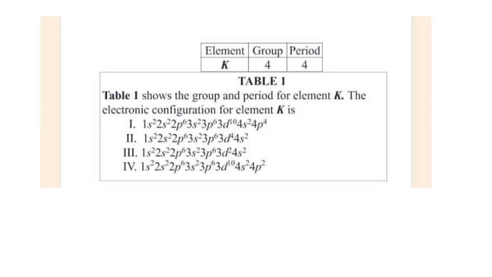Okay, question number 9. Group 4, so we know that this element is a d block element. So when we look at the answer, option 1 will be out. Option 4 also will be out because both option 1 and 4 are referring to p block elements, and they are period 4.